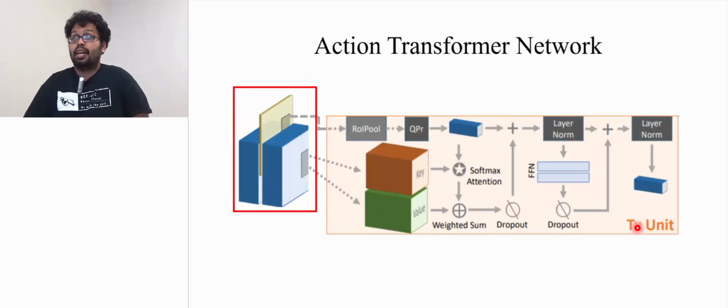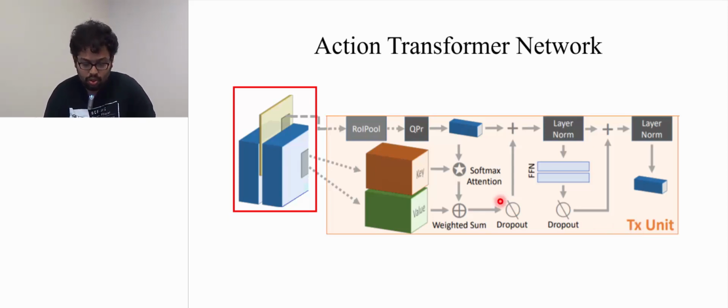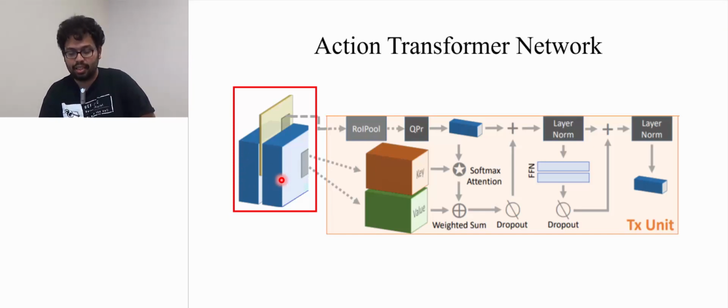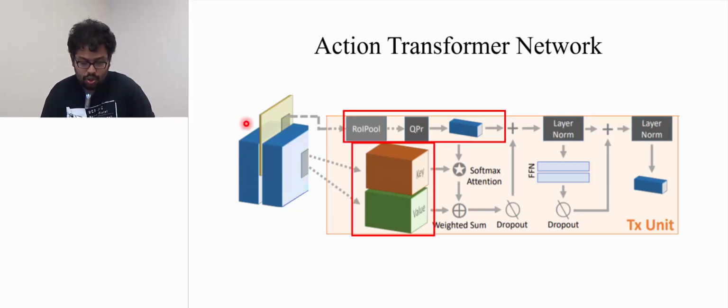So now comes the action network. The initial part was the trunk region, and now we describe what the transformer network actually is. Now we have the blue cube which has been extracted from the I3D network. They clip the center feature and then pass it through a ROI pooling layer followed by a query preprocessor.